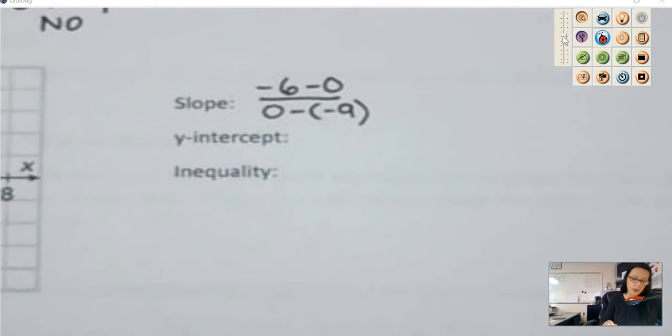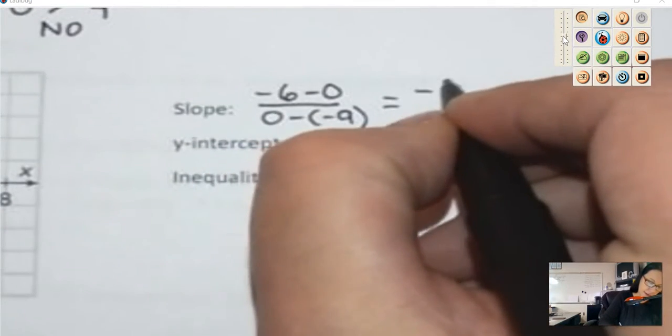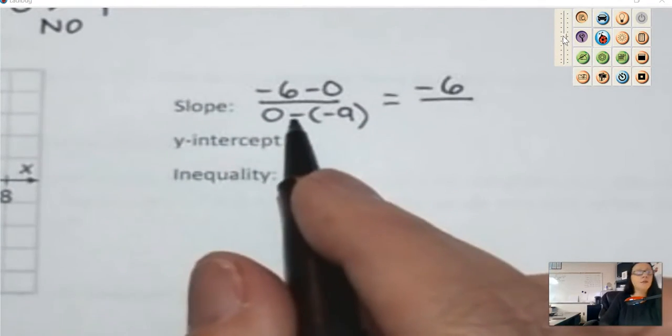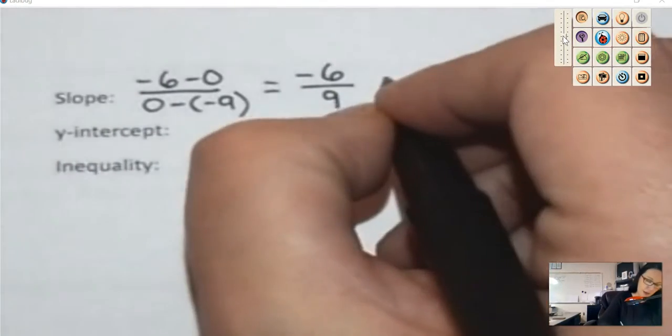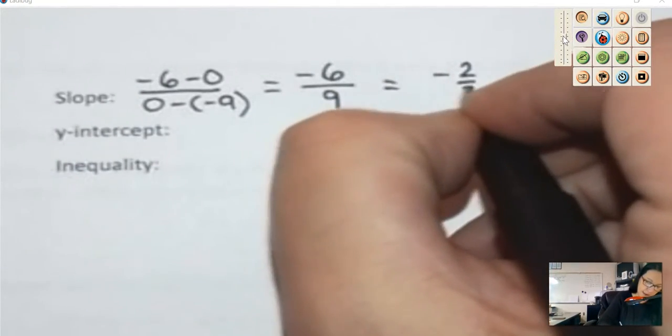So when you do the slope, negative 6 minus 0 is negative 6. 0 minus negative 9 is positive 9. And then that reduces down to be negative 2/3 again.